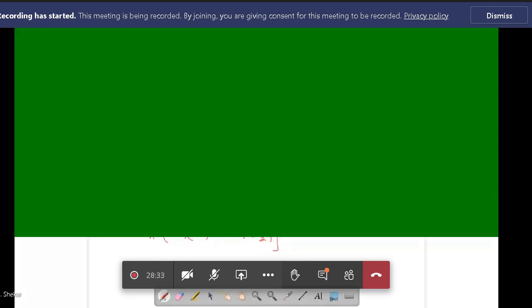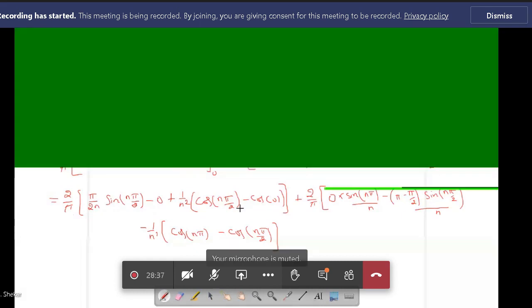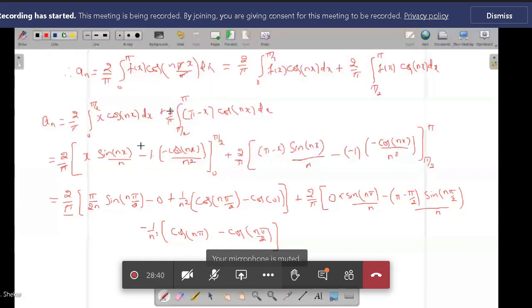Here I can take 2 by pi common and just write the simplified form. Here cos 0 is 1 and this whole term is 0. Then pi minus pi by 2 is pi by 2.